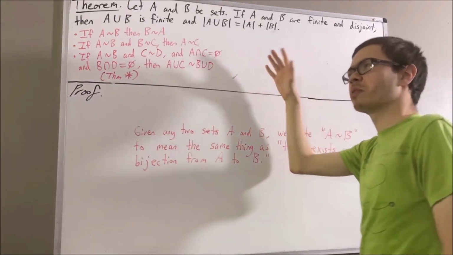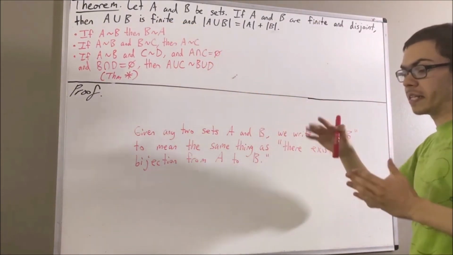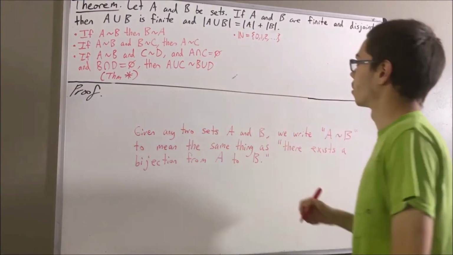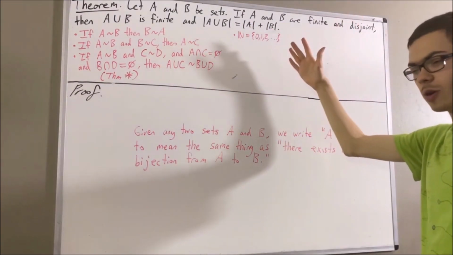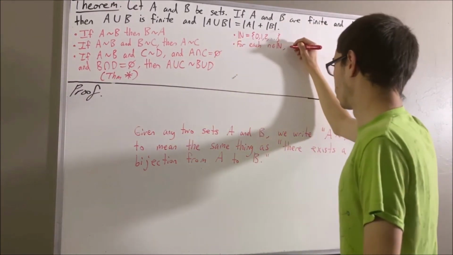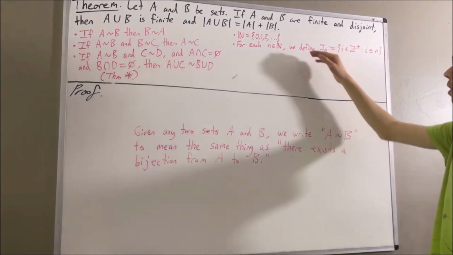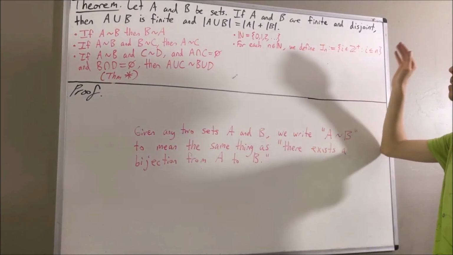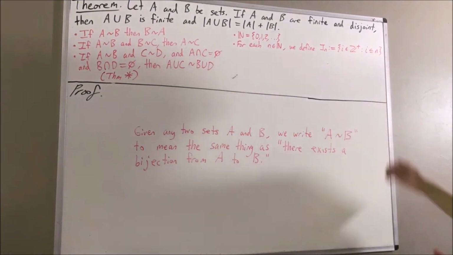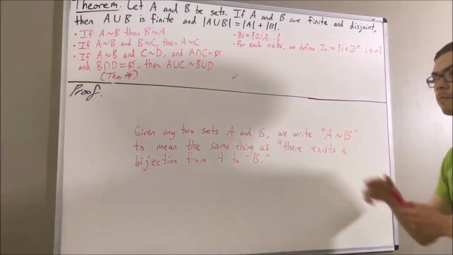Now, let's talk about what we mean by finite sets. For us, we're going to say that the natural numbers include 0. And for each natural number n, we define the following set. We define the set In to be the set of all positive integers that are less than or equal to n, where the positive integers are just the natural numbers, not including 0.